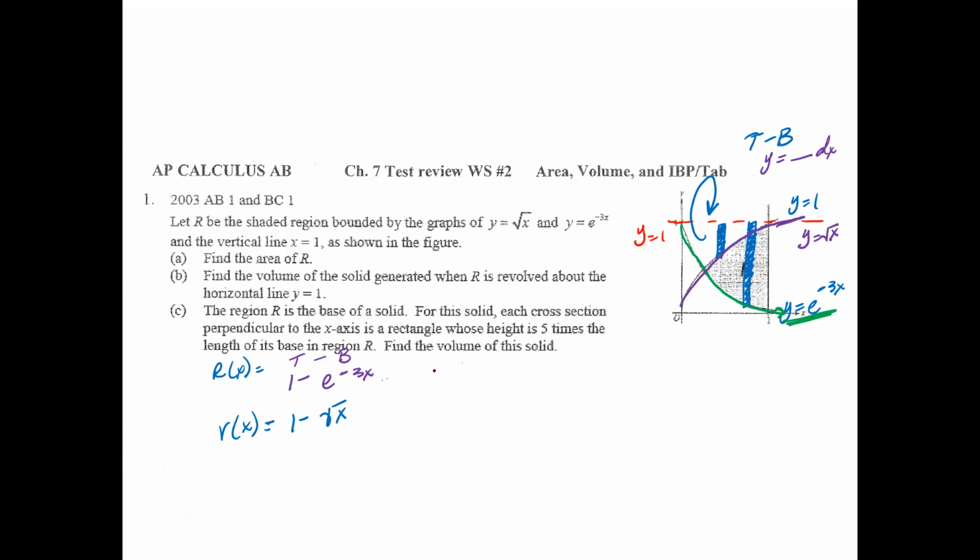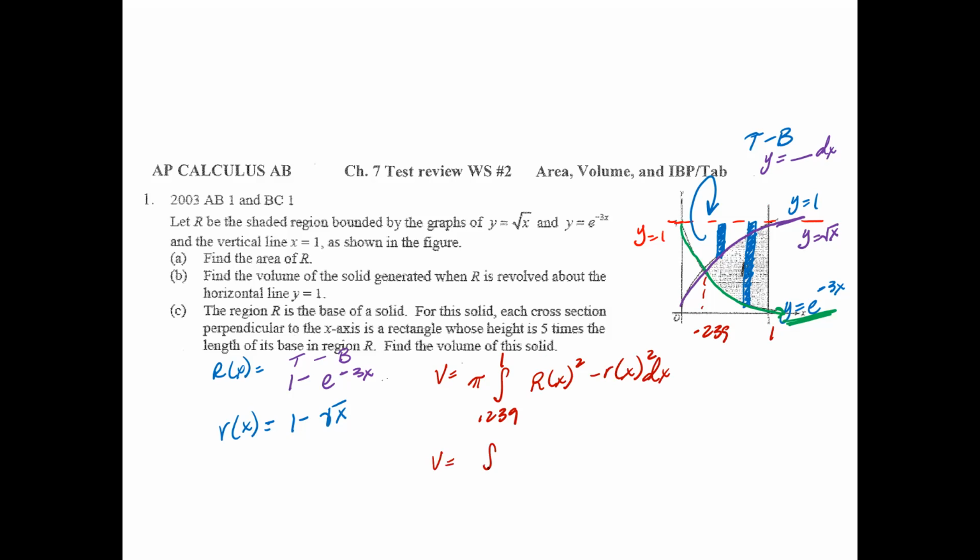So then your volume formula is going to be pi integral, and it has to be in terms of x, from the x standpoint. So here, like we said before, is 0.239. This is 1, so 0.239 to 1 of r of x squared minus smaller r of x squared dx.